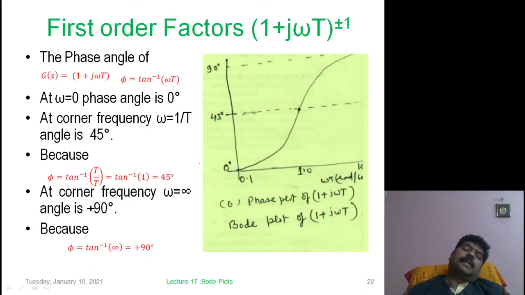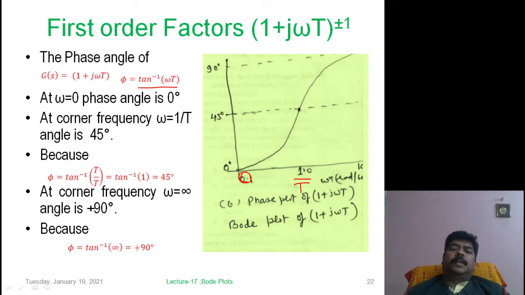And the phase angle for this is simply, you can say here that phi will be tan inverse omega T. When omega equal to 0, phase angle is 0. When omega equal to say 1 by T, for this case what would be happening?